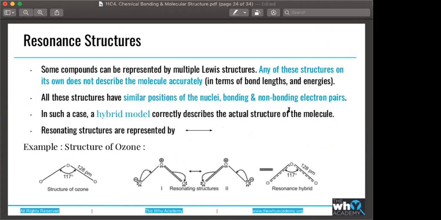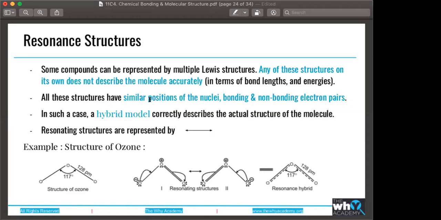So the basic skeleton of the structure did not change, even in the case of carbonate ion, right? Only the lone pair electrons of the double bond have been delocalized. But the bond pairs, the initial ones, have remained as they are. So there's not a lot of difference.